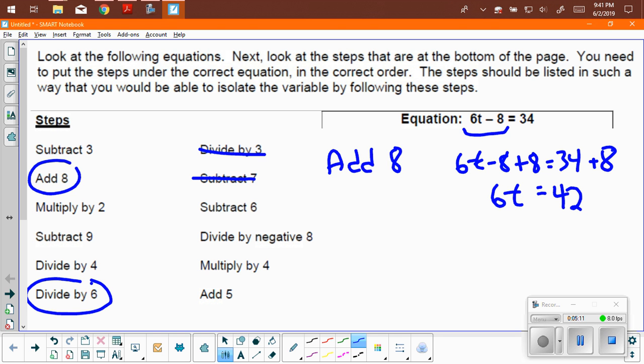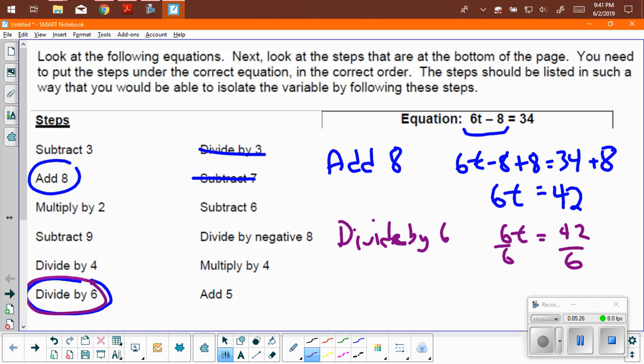Maybe I'll just use another color here instead, purple. So divide by 6: 6t divided by 6, and 42 divided by 6. That means t is equal to 7.